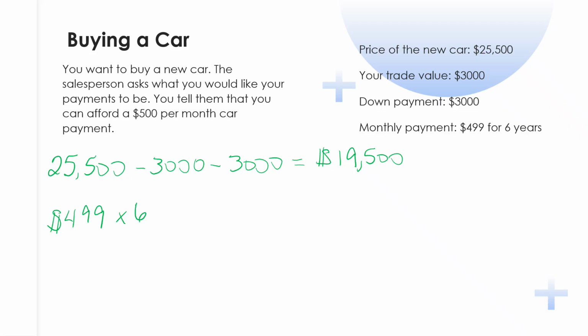Well, actually, wait. You're going to be making that for 12 months out of the year for 6 years. So at the end of this, when you've made all of your payments, you will have paid a total of $35,928 for your $19,500 investment.